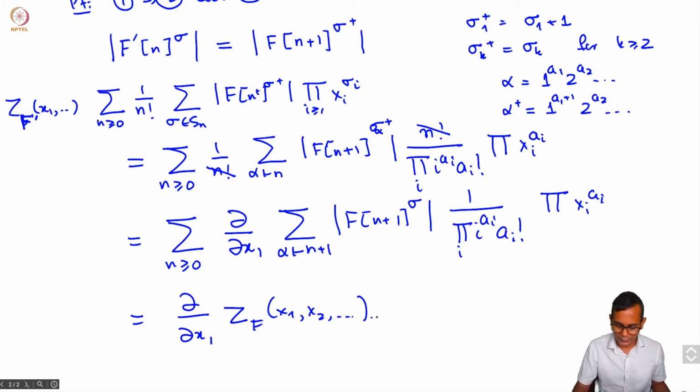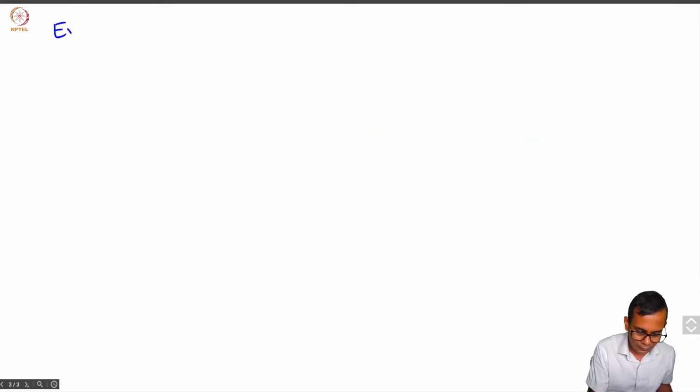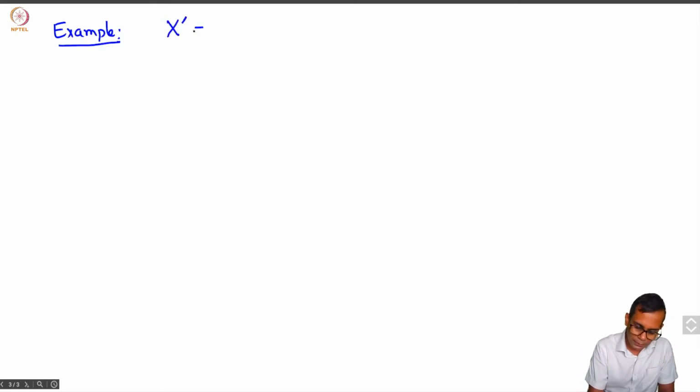Okay, let's look at some more examples. Here's a very simple example which makes the connection with the differentiation of polynomials. So x prime is equal to 1. Well, why is that?